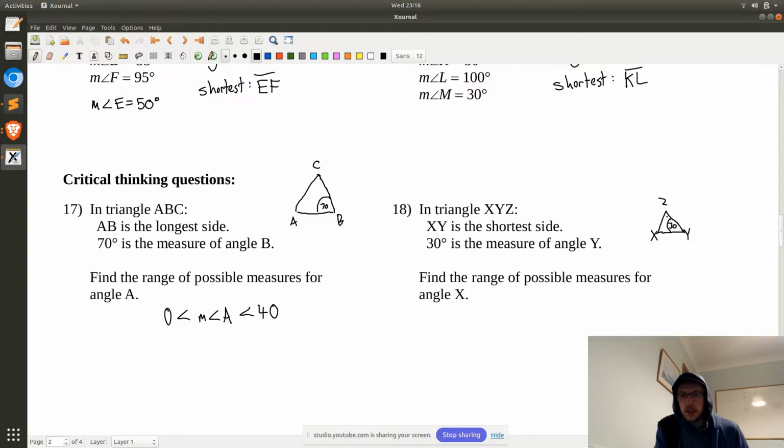Okay, so angle Z cannot be greater than 30 degrees. If it were 30, then angle X would be 120. And of course, angle Z cannot reach 0. But if it was 0, then X would be 150. And so we bound X between 120 and 150, measure angle X like that.